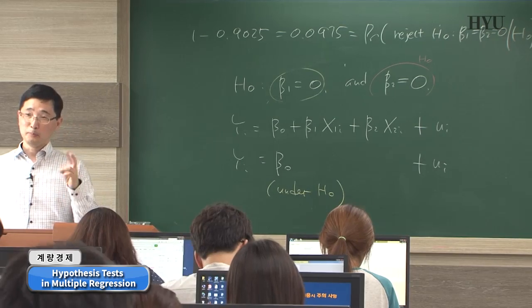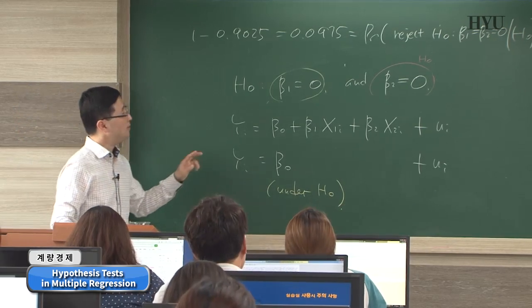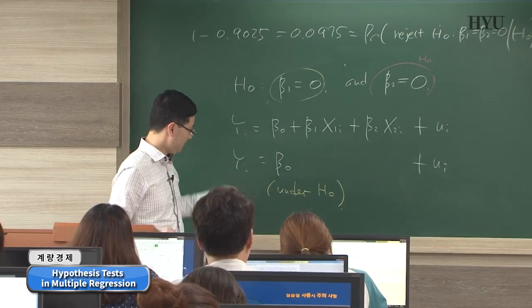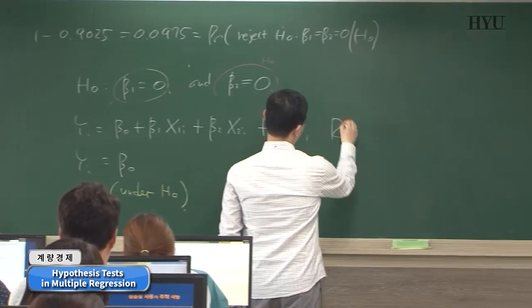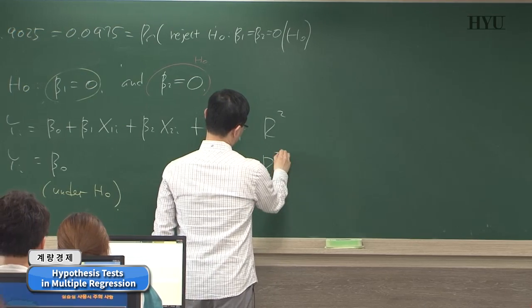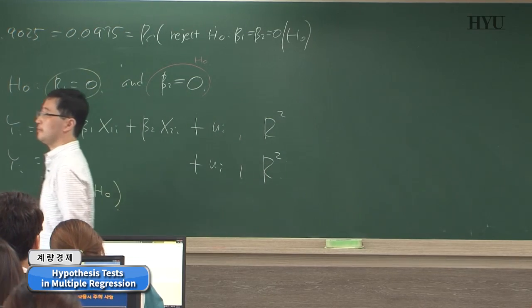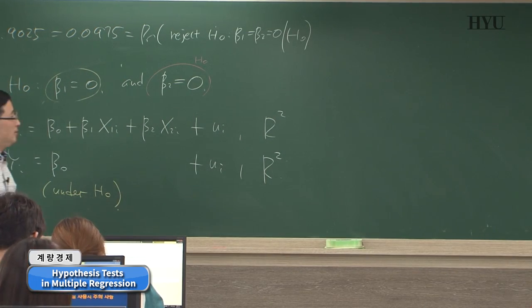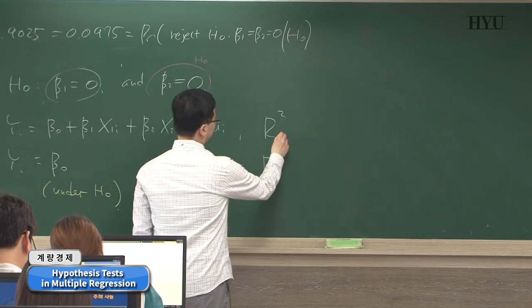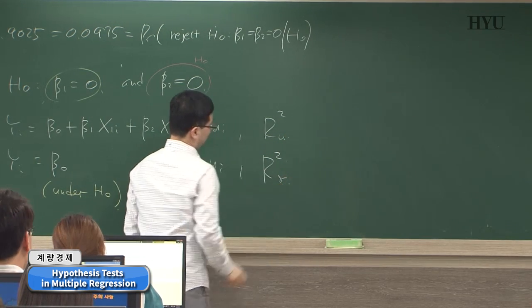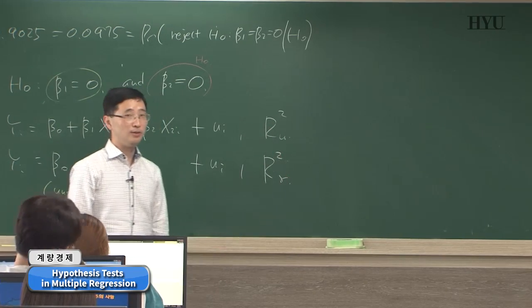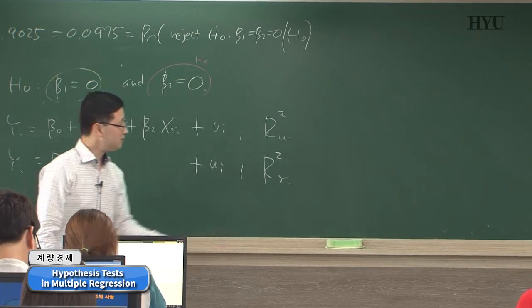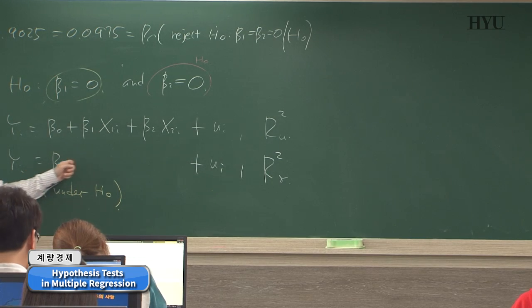Now one idea to test this is to compare the R squared. So let's call it an unrestricted R squared, and let's call it a restricted R squared. So this is the R squared of a restricted model.